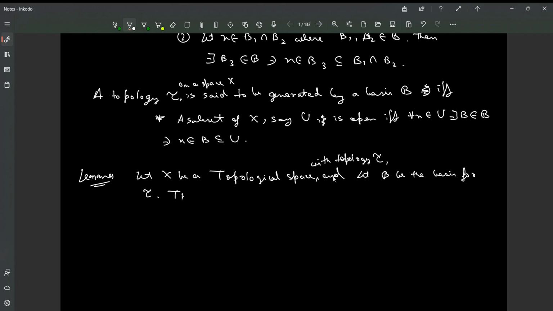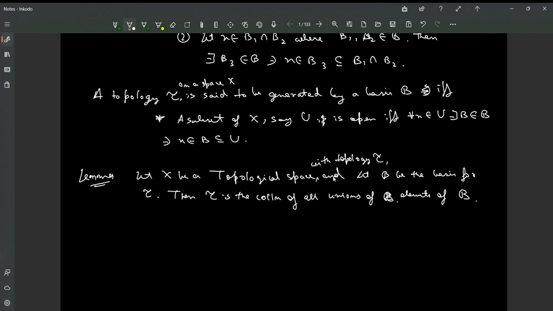Then tau is the collection of all unions of the basis elements, unions of elements in B.